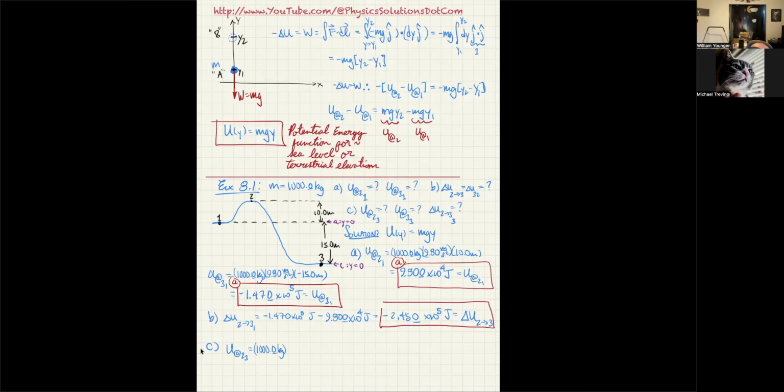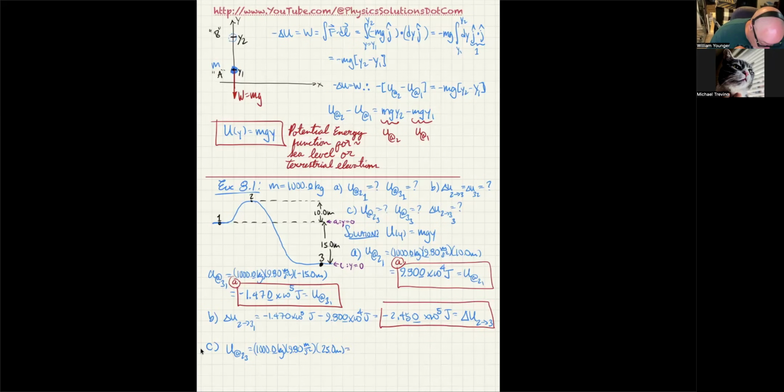kilograms times 9.80 meters per second squared times the height of 2 relative to 3, which is in fact 25 meters.